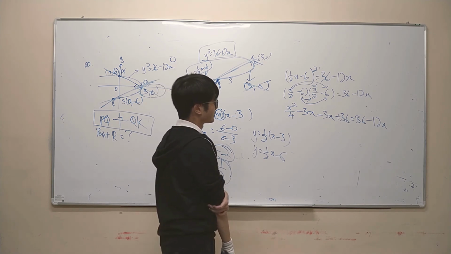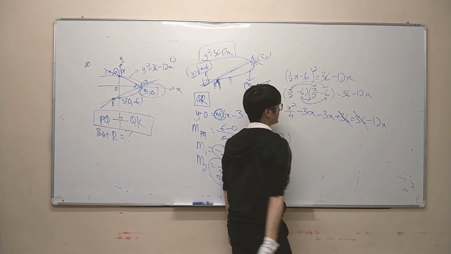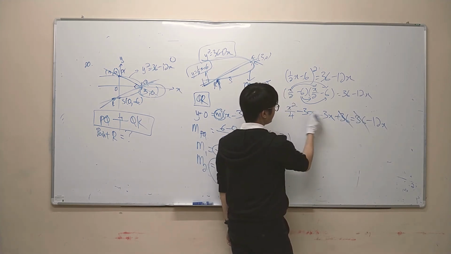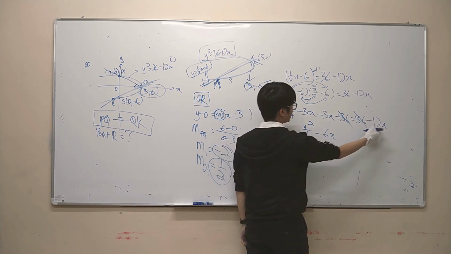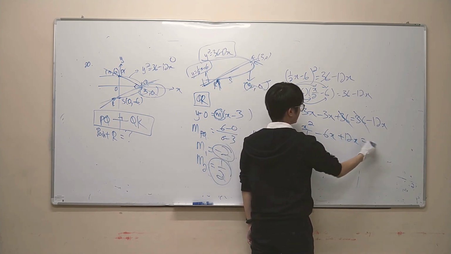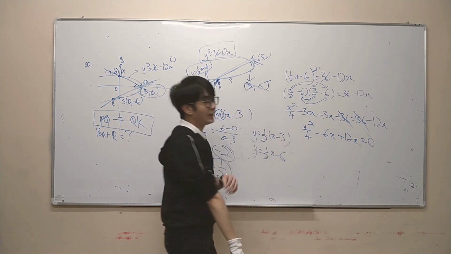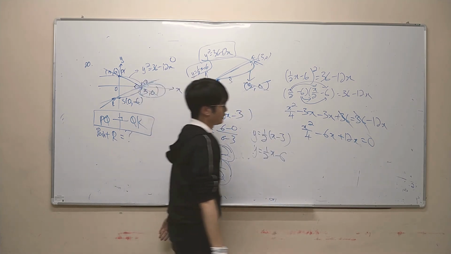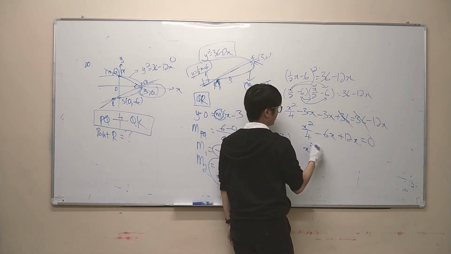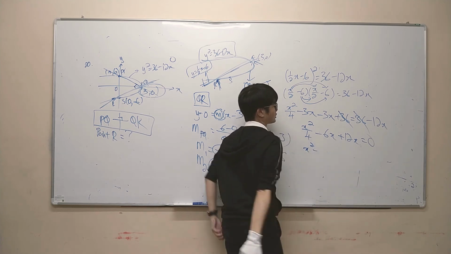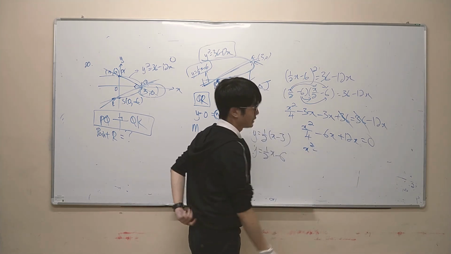Okay, and then what? 36 minus 36 is zero. So negative 3, negative 6. So x squared over 4 minus 6x plus 12x equals 0. And I already said I hate fractions. Okay? So multiply everything by 4. What's negative 6 plus 12? 6.